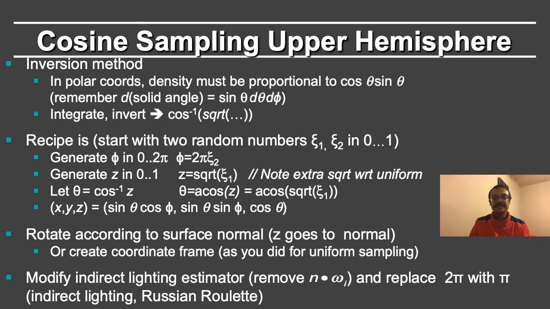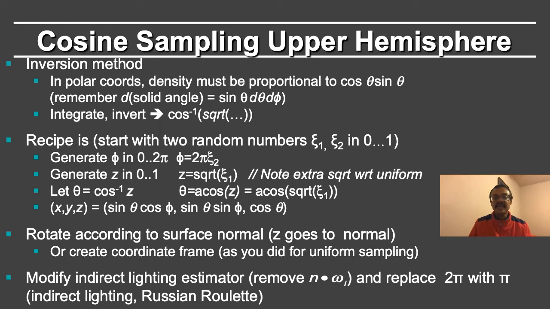The recipe is much as we did for sampling the upper hemisphere uniformly. You pick two random variables, xi1 and xi2, in the range of 0 to 1. Those are simply uniform random variables generated with your random number generator. For phi, as before, you multiply by 2 pi, so you get a value in 0 to 2 pi, which is simply 2 pi xi2.